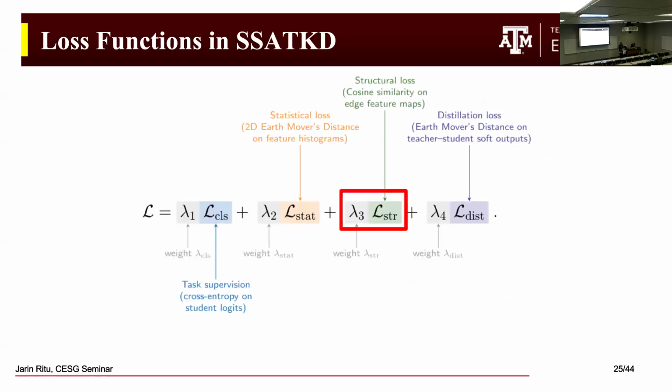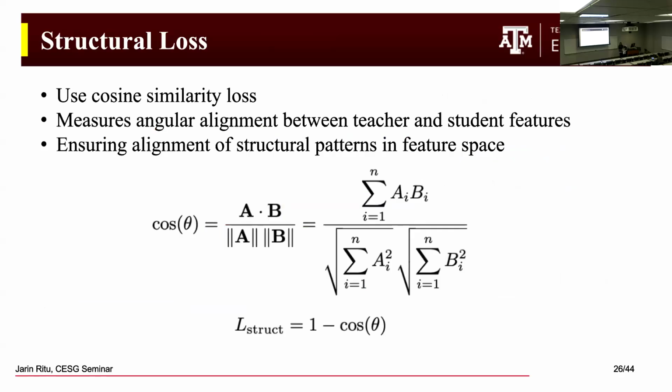Moving forward, the third loss is the structural loss. For the structural loss, I'm using cosine similarity loss. Cosine similarity measures the angular alignment between two vectors. If you remember from the structural module, we have those teacher and student outputs, so we calculate the alignment between them.